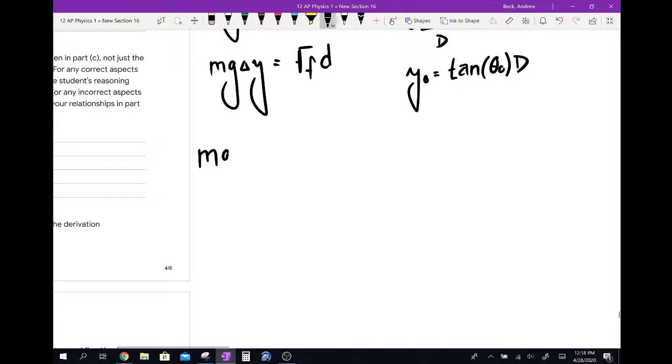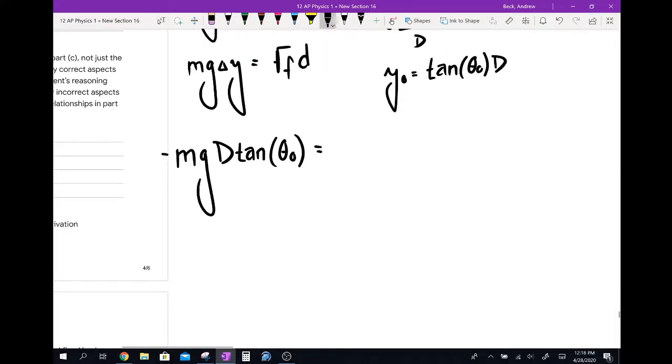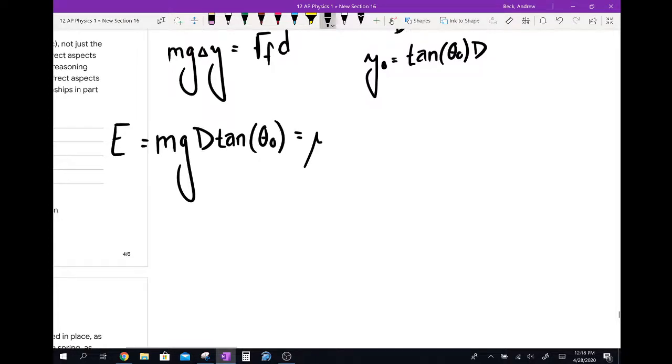And say before we had mg times d tangent of theta naught is equal to the energy in our system is equal to mu b mg times, we know the displacement is 4d.